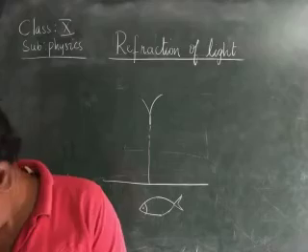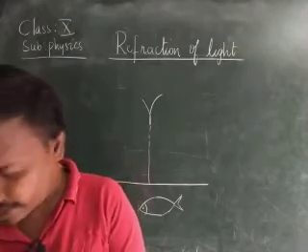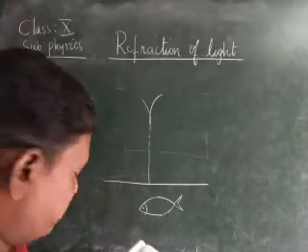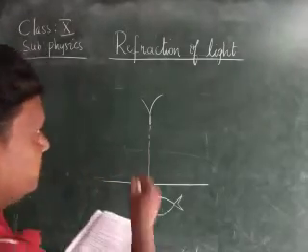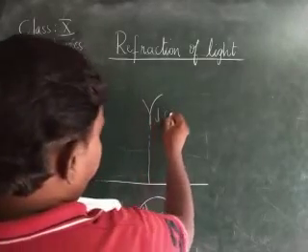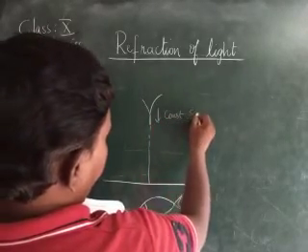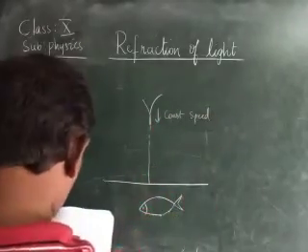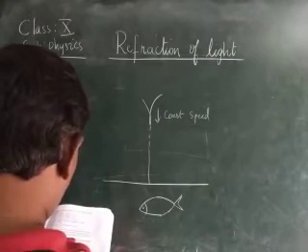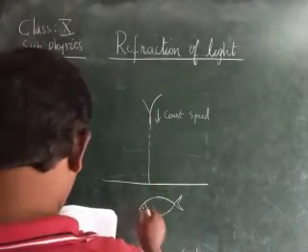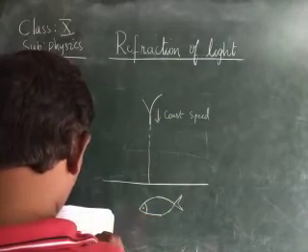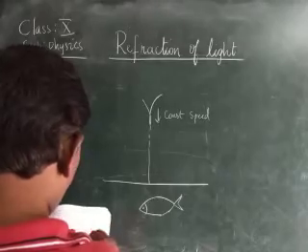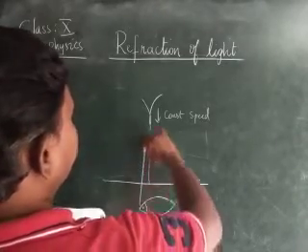Okay, a fish is there. A bird is flying down vertically towards the surface of the water with constant speed. Here there is a fish inside the water. If the fish is exactly vertically below, how does the bird appear to the fish?